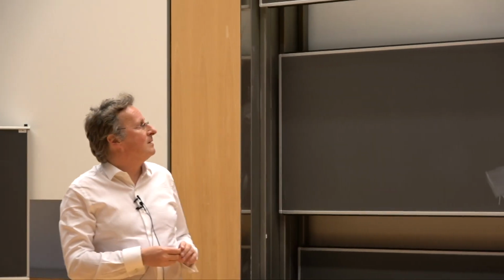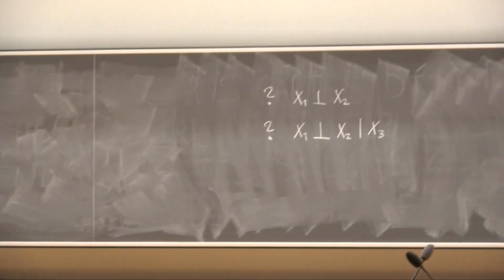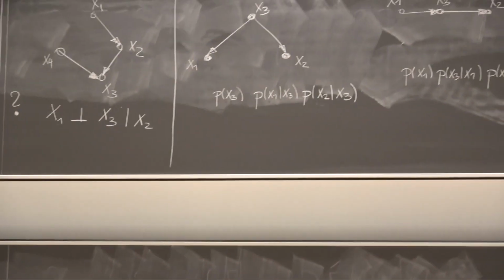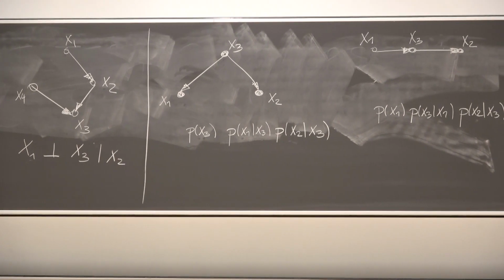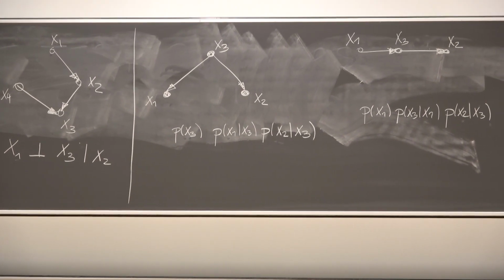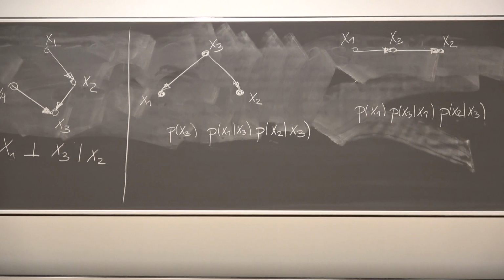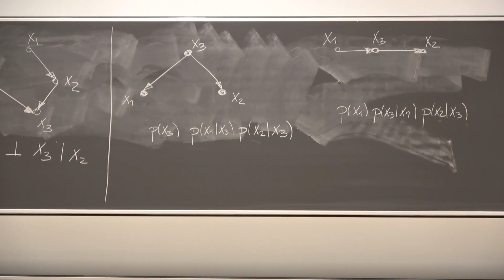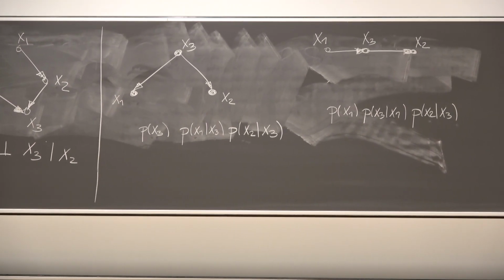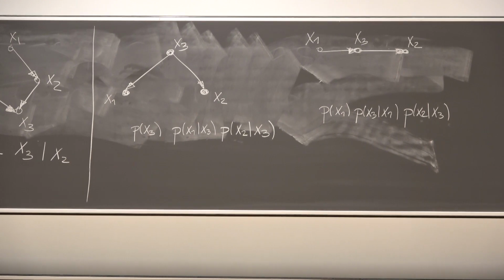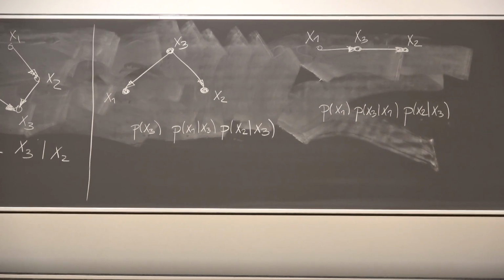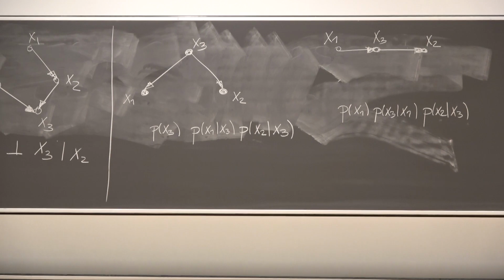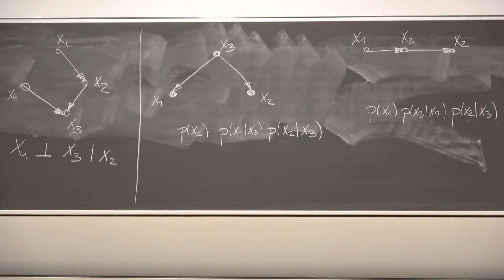In the first scenario, are x1 and x2 independent or dependent? When we're asking this question, the sense is the following. When I'm asking whether they are independent, I'm asking, given this structure, is every distribution that is compatible with the structure such that these two random variables are independent?